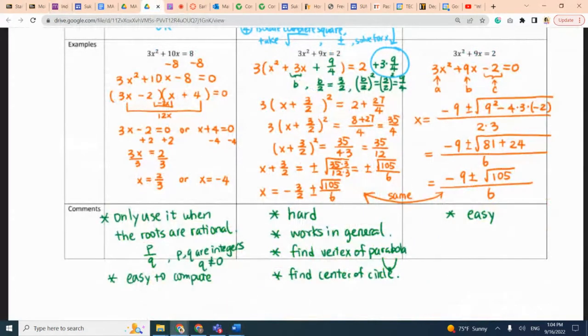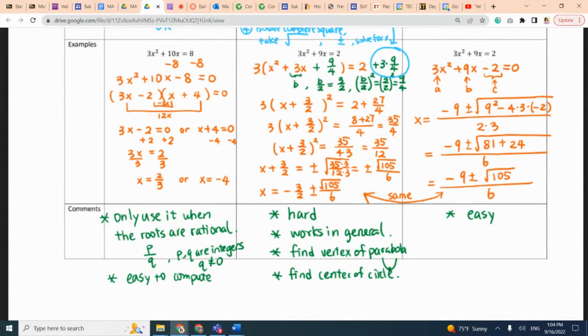Comment. We only use this factoring method when the roots are rational. So rational means we have numerator over denominator, P over Q, where P and Q are both integers and the denominator is not 0. For example, square root of 2 is irrational. 5/7 is rational.